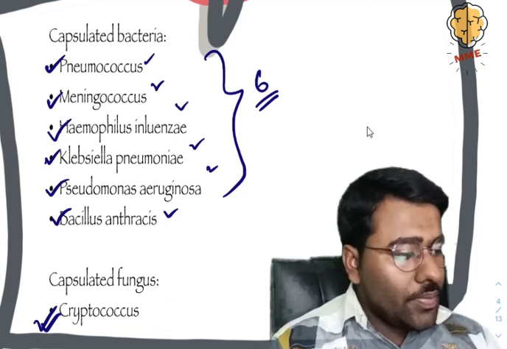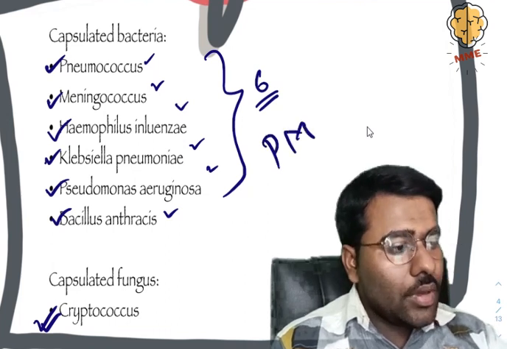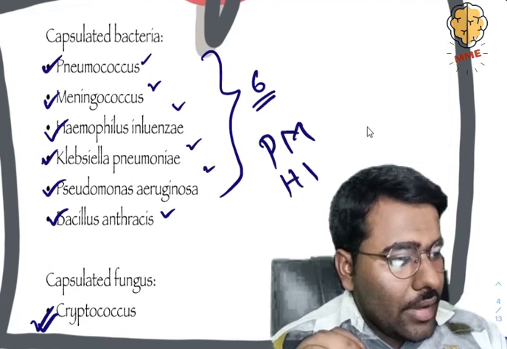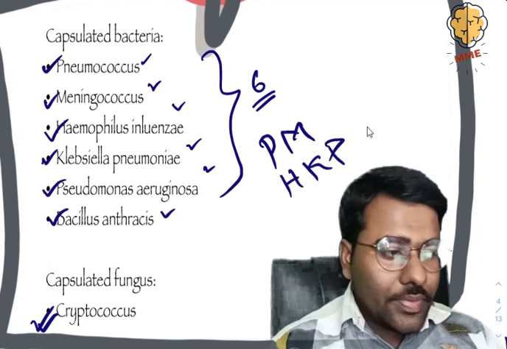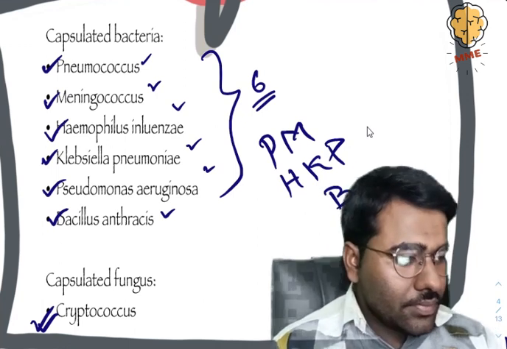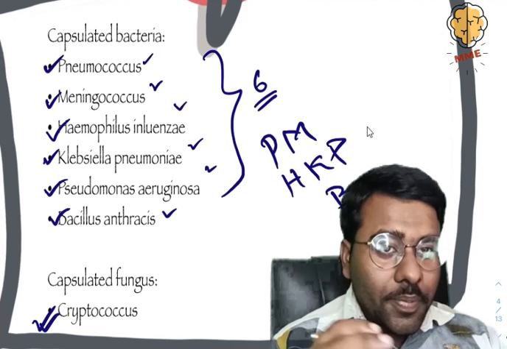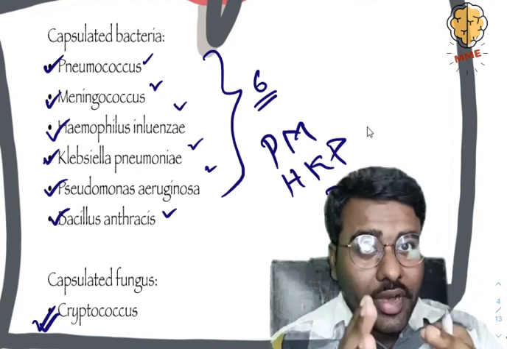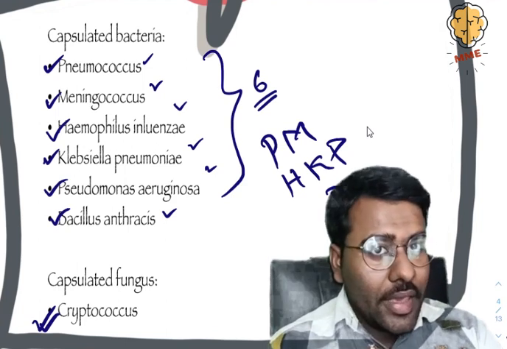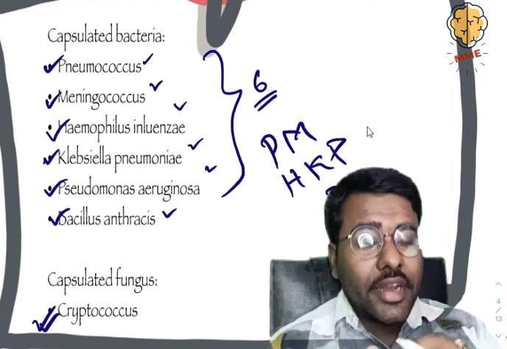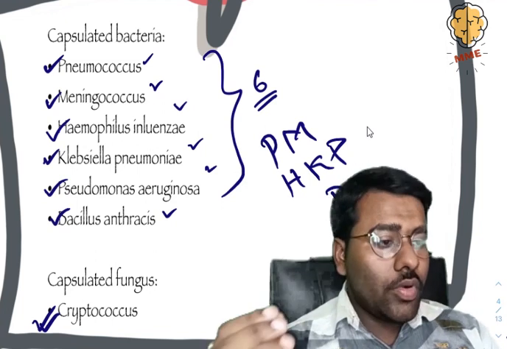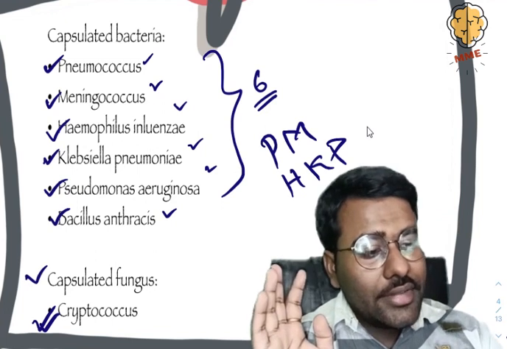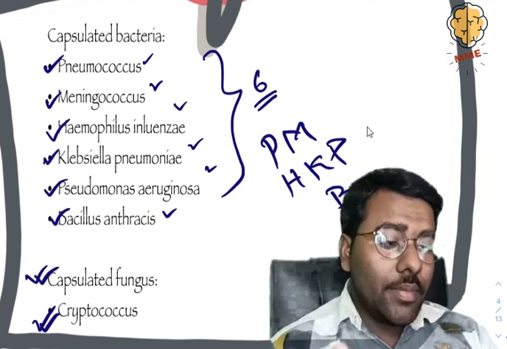So there is PM, meaning pneumococcus and meningococcus, then HKP and B. Remember: a PM has cap protected barriers. And there is a fungus which is capsulated, the Cryptococcus.